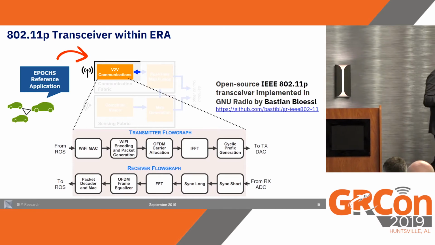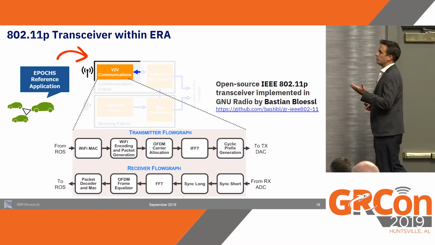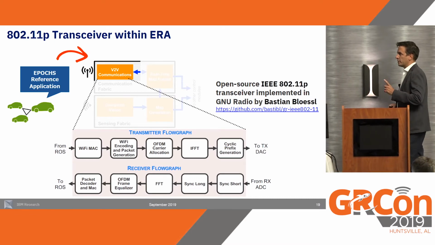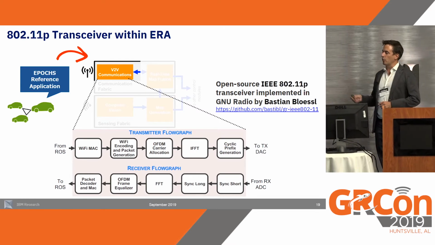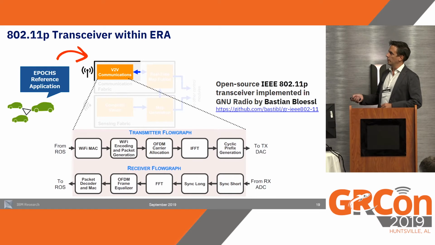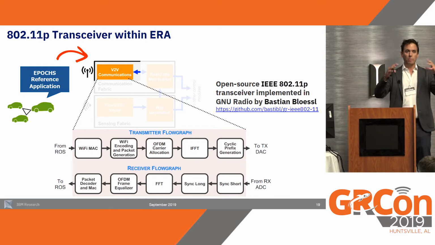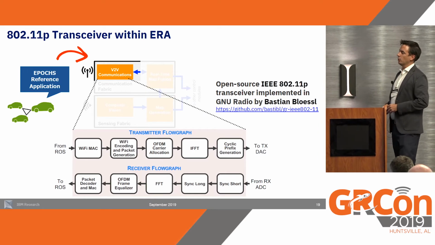This is a part that we didn't implement, but we rely on the open source implementation of the 802.11p transceiver implemented in GNU Radio by Dr. Bastian Bloessl. This code is available at this link here. We took that code and integrated it into our main ERA platform.